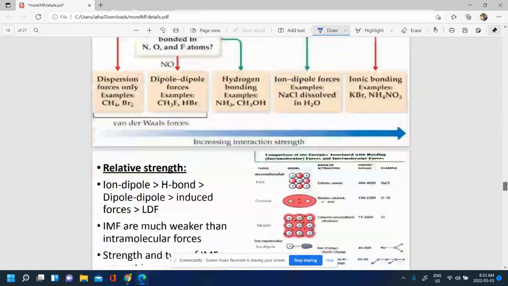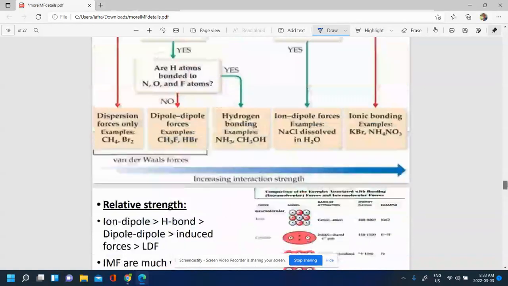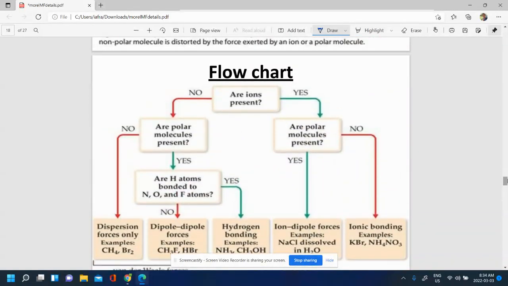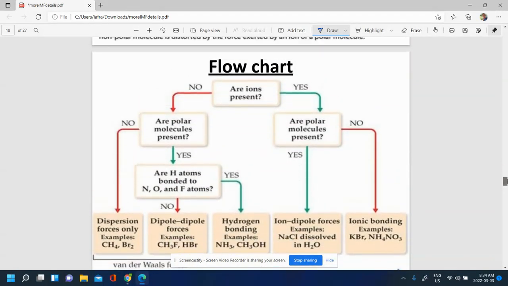So you should be able to predict what type of forces molecules will have. This is a great flow chart to help you make those predictions. This is stuff you've also seen in grade 11. But essentially, you ask yourself these questions and you can figure out what forces are involved. So for example, if I have water and I want to figure out what are the forces involved in water, well, you can ask yourself the following questions. Are there ions present? Well, it's water.